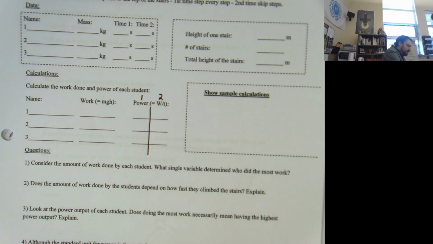Okay, here we go. I have some measuring devices. 1, 2, 3, 4, 5, 6, 7. I got lots. Okay. And the scales are right here. You need your mass in kilograms.